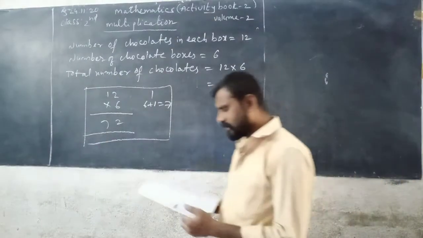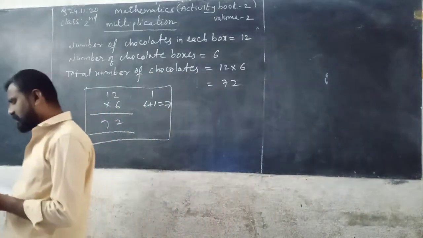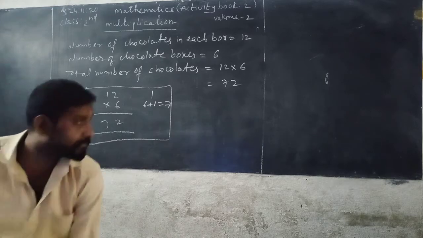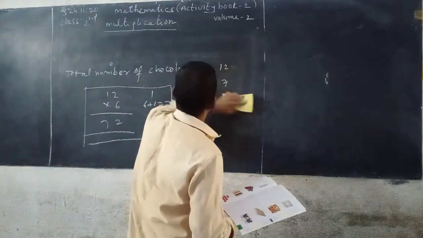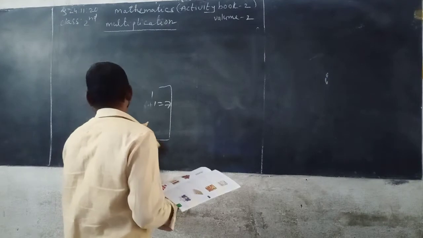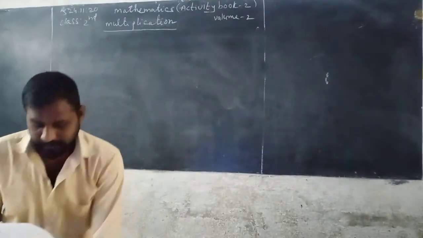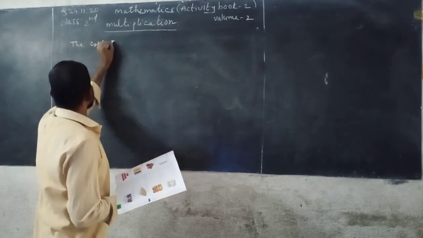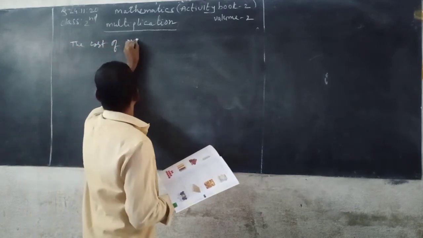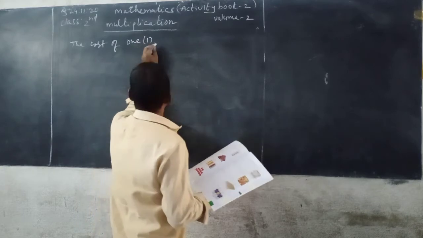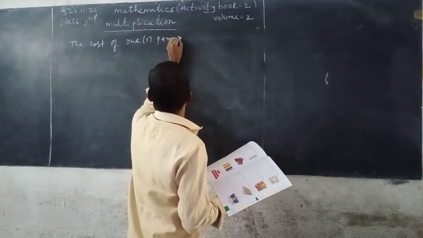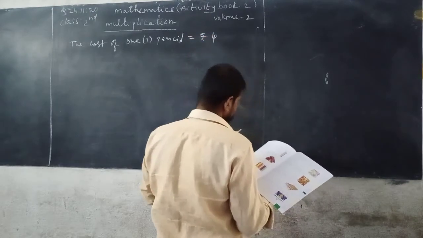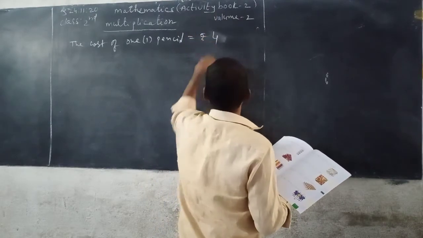Now next, the cost of 1 pencil is 4 rupees. What will be the cost of 10 pencils? The cost of 1 pencil is equal to 4 rupees, beta.